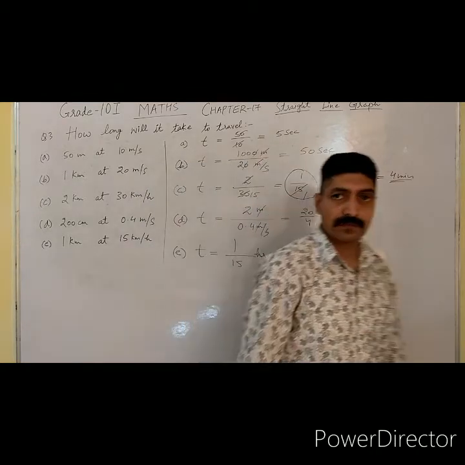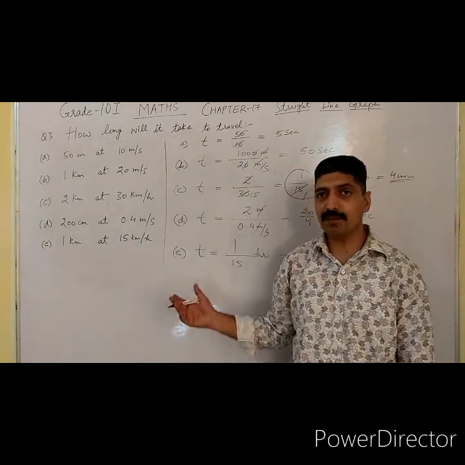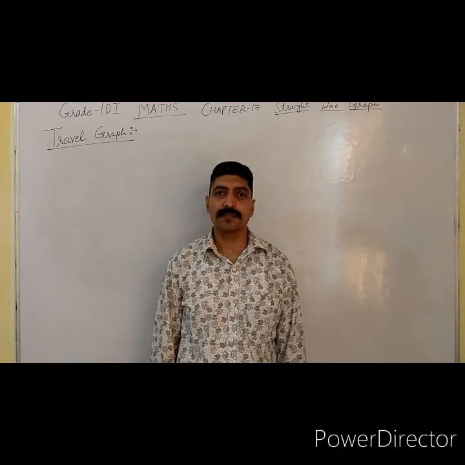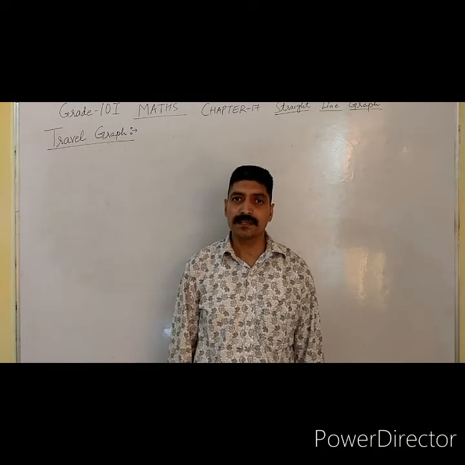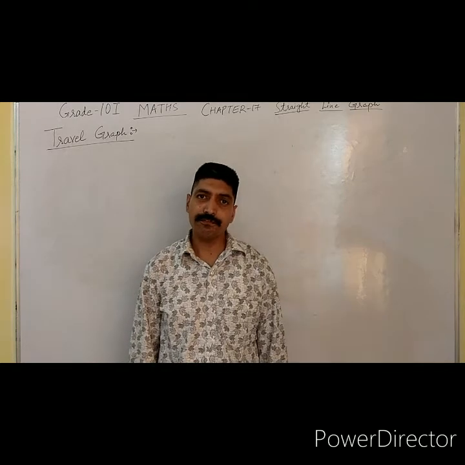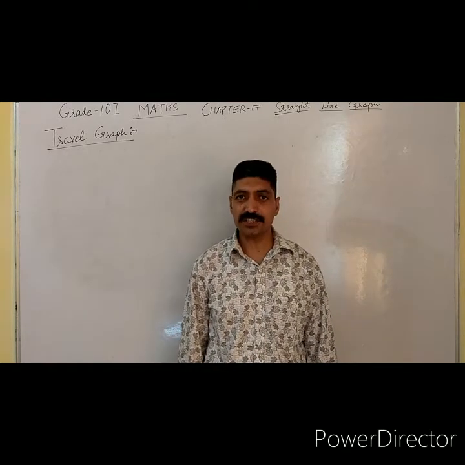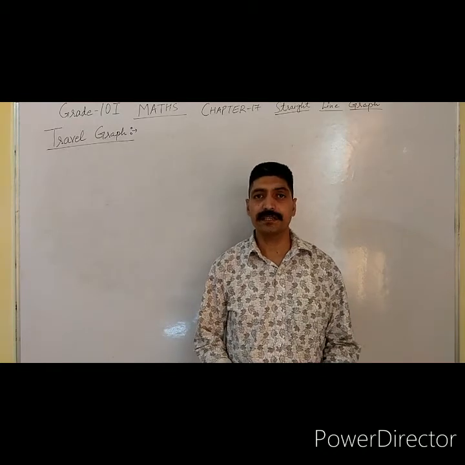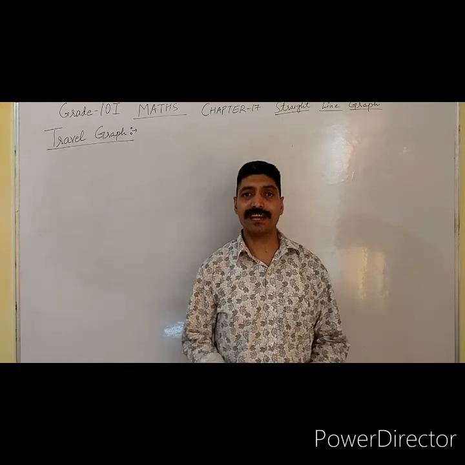So now we will discuss the travel graph. The graph of an object moving with uniform speed is always a straight line.